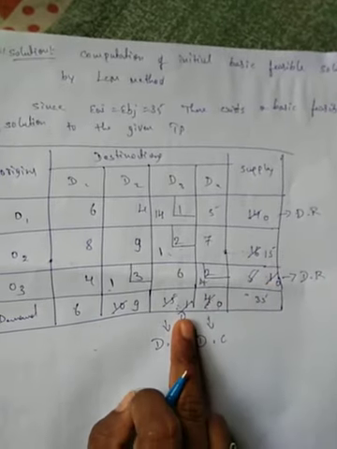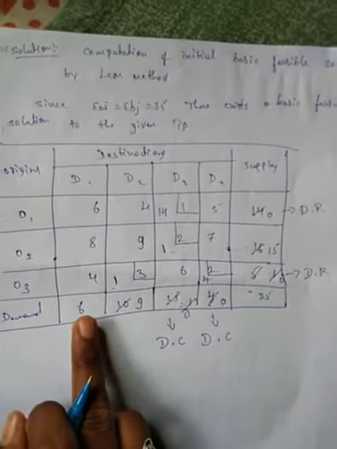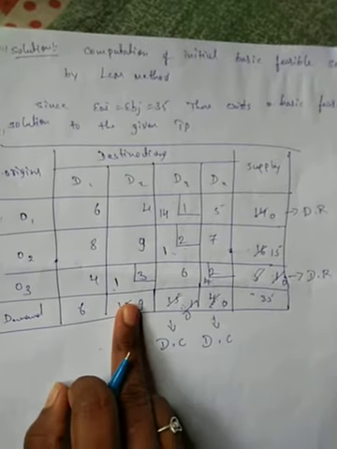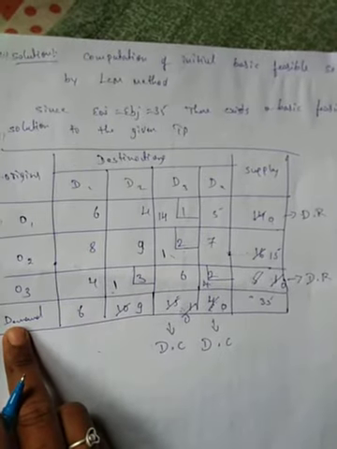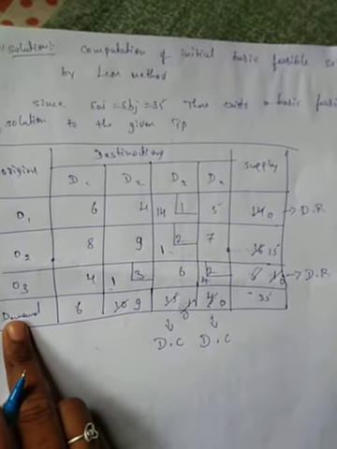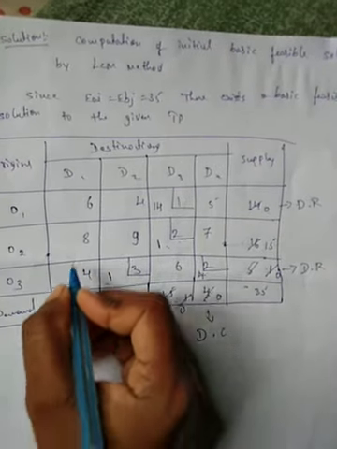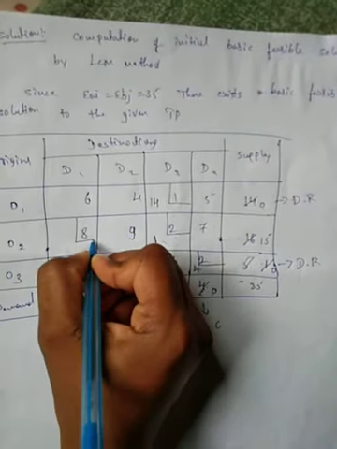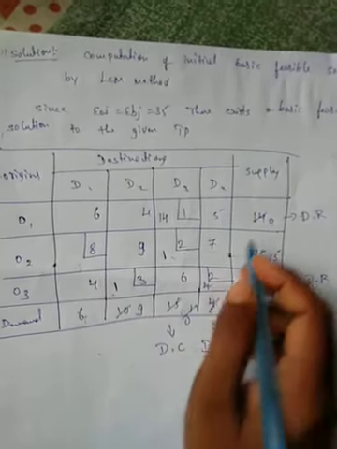So first row is deleted, third row is deleted, third column is deleted, and fourth column is deleted. Remaining column is 1 and 2, remaining row 8. And next least cost in remaining rows and column is 8. So 8 is the next least cost. So the rim values for this cost is 6 and 15.